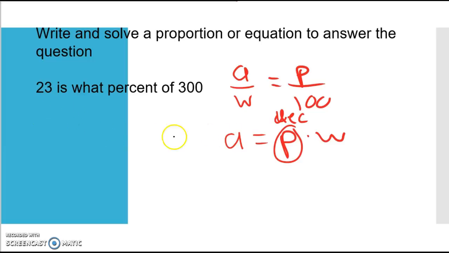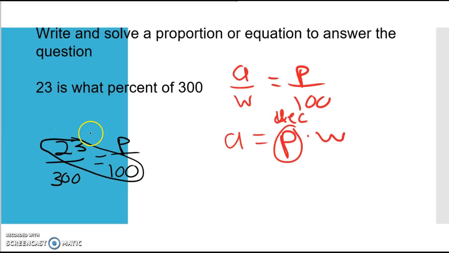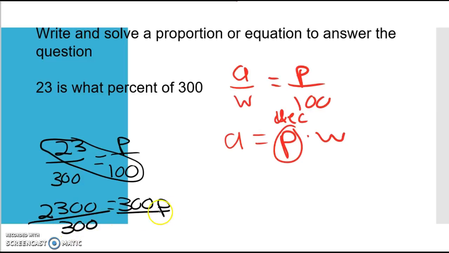So it's asking 23 is what percent of 300? So I know I'm looking for a percent, so I'm going to plug in my part, which is 23, my whole, which is 300, equals P, which I don't know, over 100. Now, if I do it this way, I'm going to do my cross multiplication. 23 times 100 is 2300, equals 300 P. So then I have to divide each side by 300.